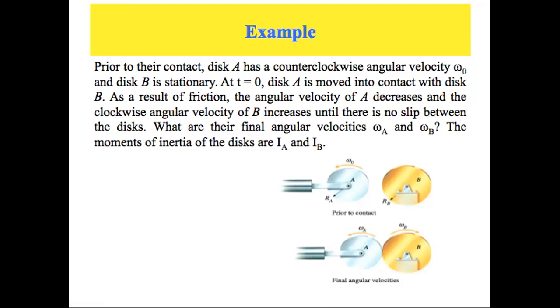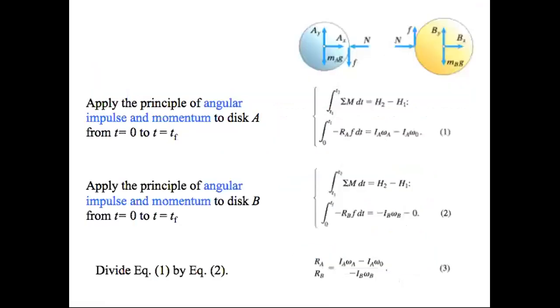Now we have to find omega A and omega B based on the radii of the two disks, RA and RB, the moments of inertia IA and IB, and omega 0. As you can see, this is disk A. Disk A is rotating in this direction, and the friction is opposite to the motion.